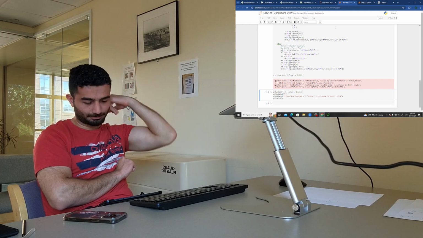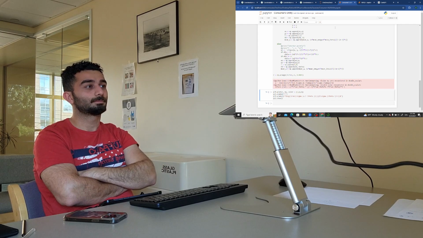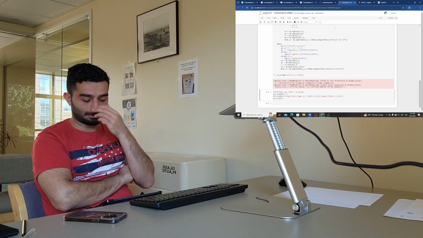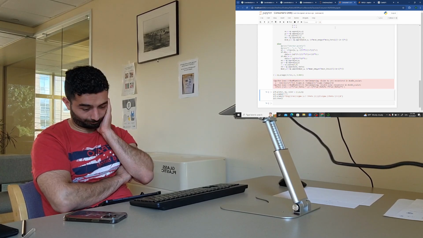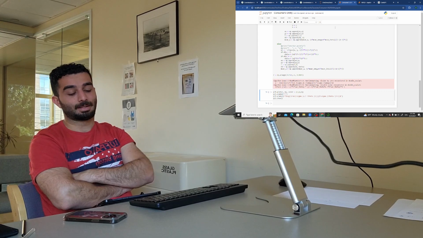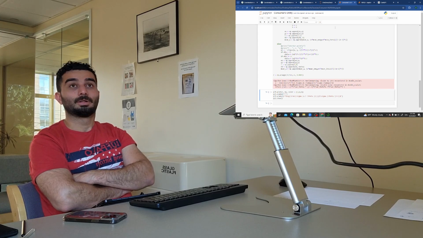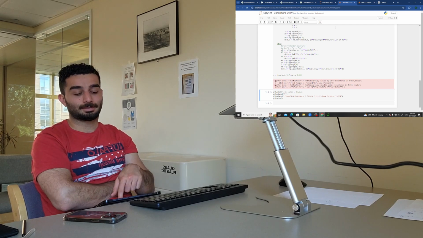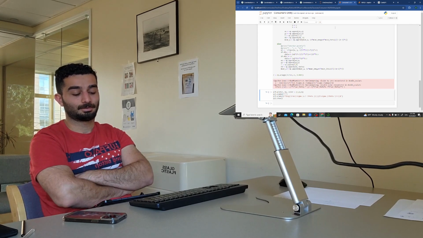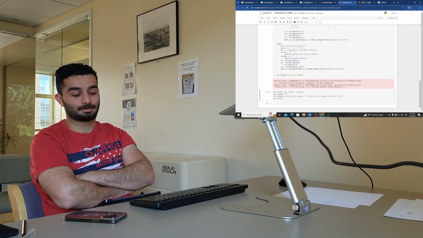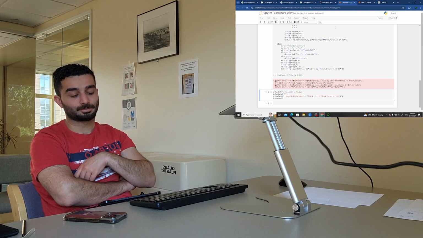So we know that the first one is binding, and by the way, eta is greater than 2.